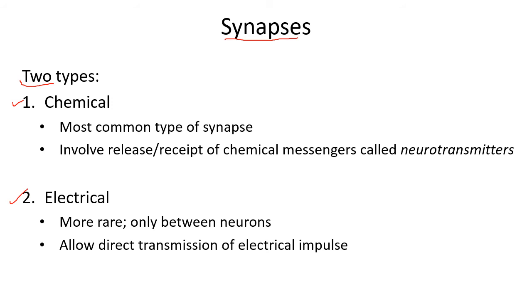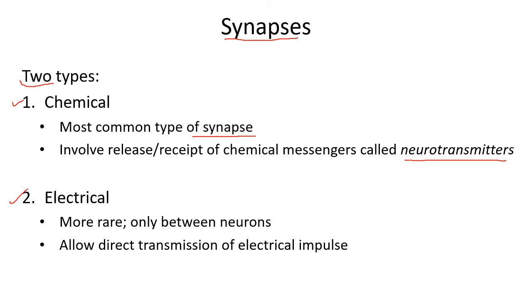So that's why we really see the chemical as this most common type of synapse. And so that is that release of the chemical messengers called those neurotransmitters. So what we were looking at in the previous slide is a type of chemical synapse.